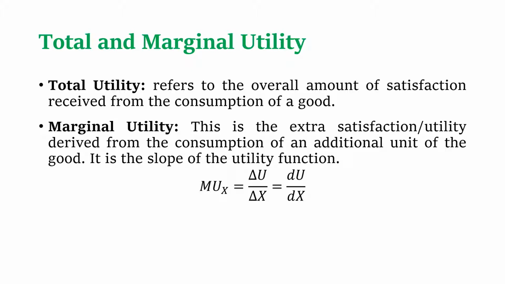So MUx equals dU/dX, or delta U over delta X, which is the marginal utility of good X.